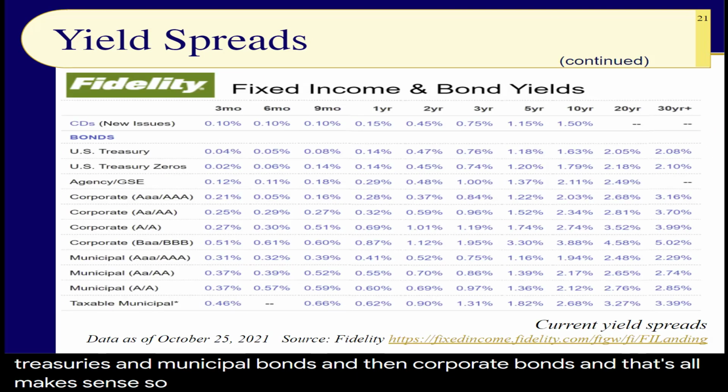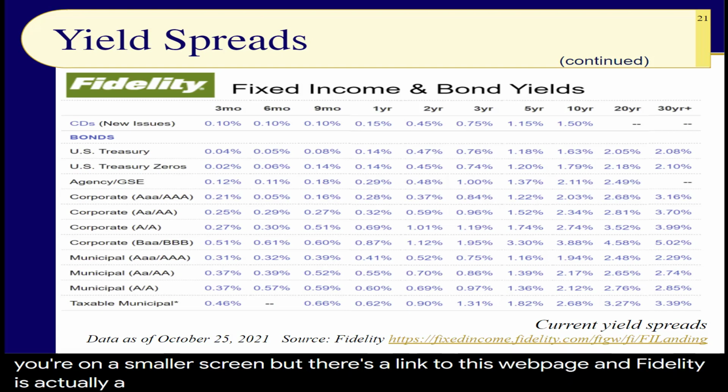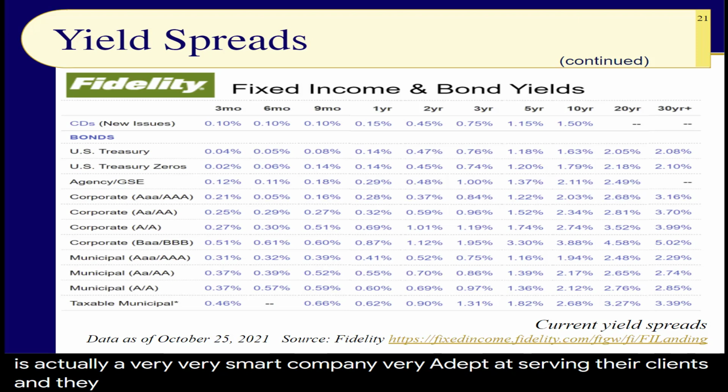So here, and you might not be able to see this well if you're on a smaller screen, there's a link to this web page. And Fidelity is actually a very, very smart company, very adept at serving their clients. And they have a dynamite bond website.